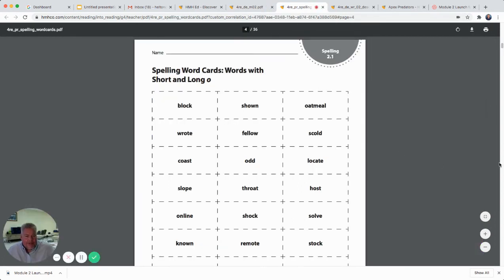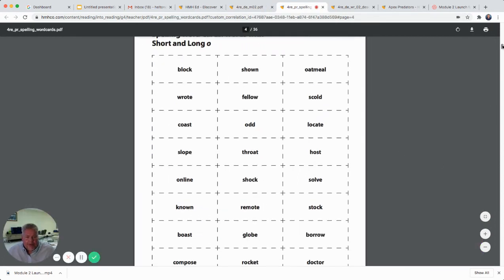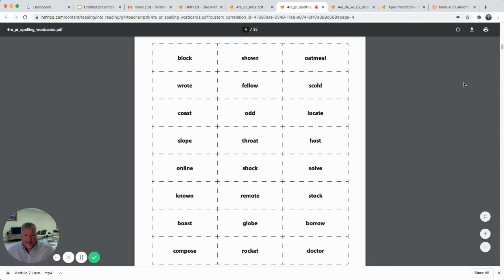Speaking of spelling words, here they are. Let me pull them all on the screen. You will want to pause the video and write these words down. Let's say them together. Going across: block, shown, oatmeal, wrote, fellow, scold, coast, odd, locate, slope, throat, host.